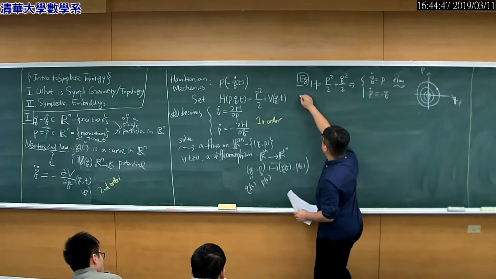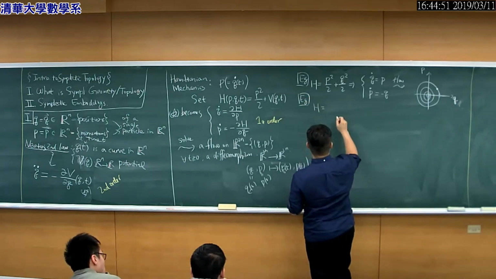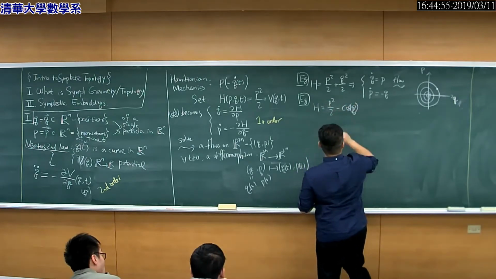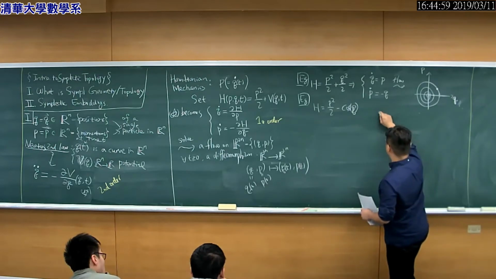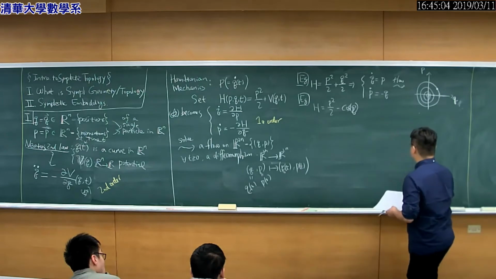And another example, H equals cosine q. I'm not going to solve this, but I'm going to draw a picture. So it should look like this.